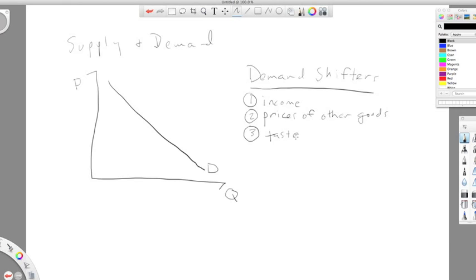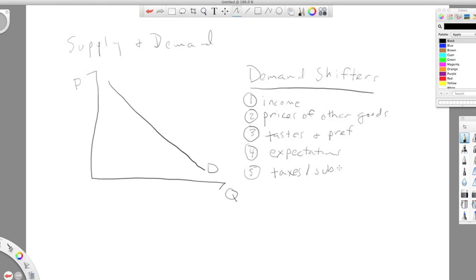Just how much do you like or dislike a particular good or service. We have expectations on the list. And finally, number 5, taxes and subsidies, things that the government might do to us or for us.